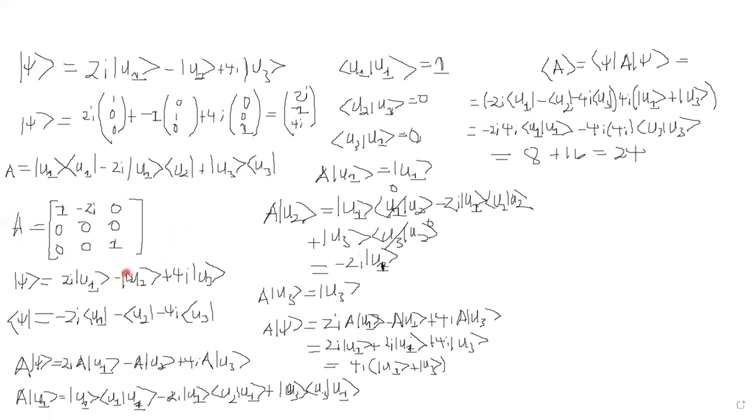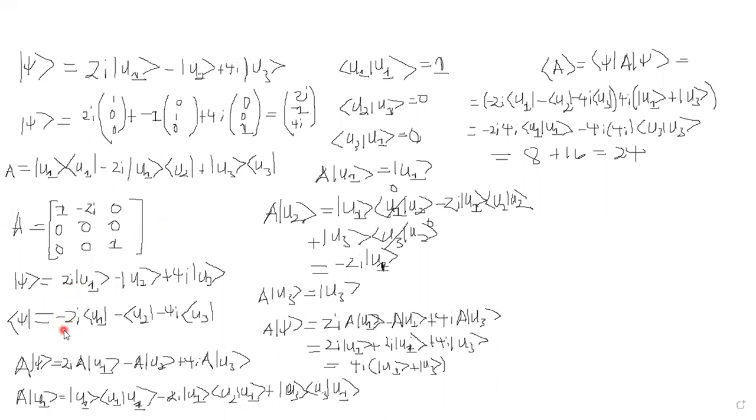Okay, so when we do an operation, we have to calculate the bra. When you take the bra, the representation is a row vector, and you need to also take the complex conjugate if there are any complex values here.